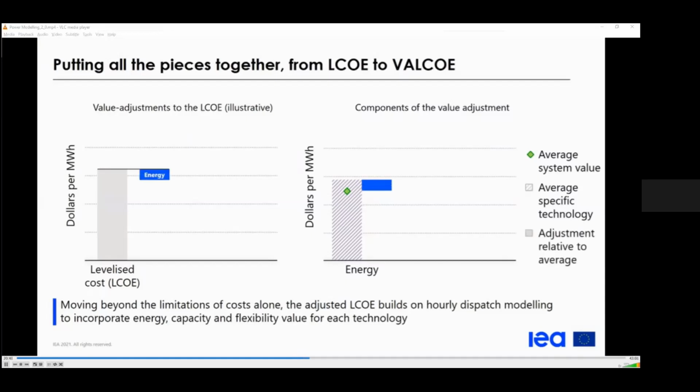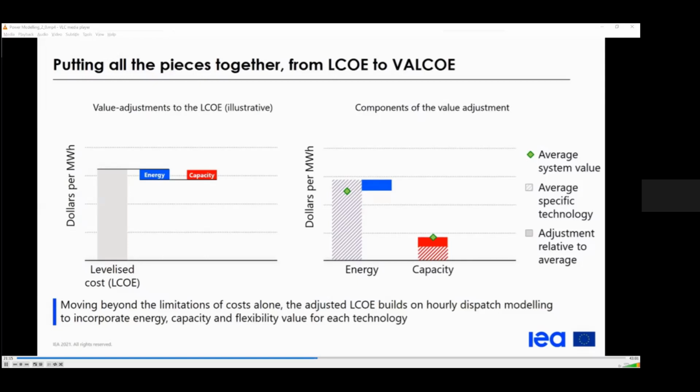We take the difference with the average energy value of the system and make this adjustment on the cost side of the metric. Now on the capacity value, the contribution to adequacy here is relatively low compared to average. So that means that the technology is less competitive than others on that specific category. Less competitive, therefore more expensive.